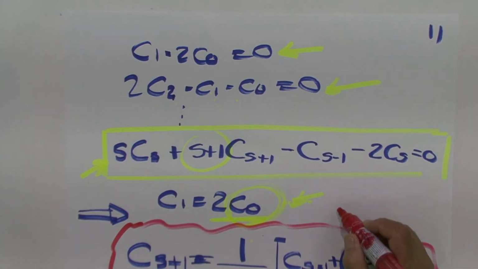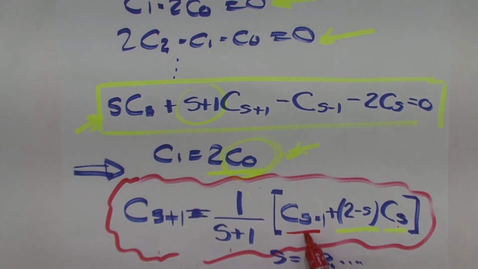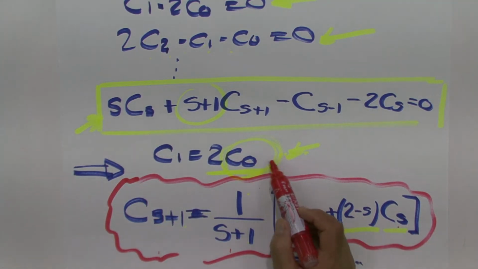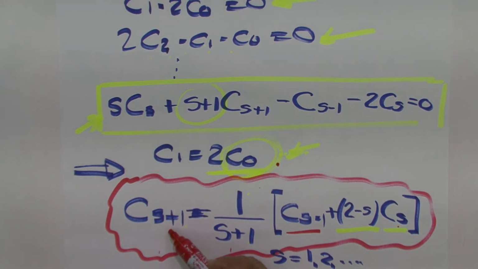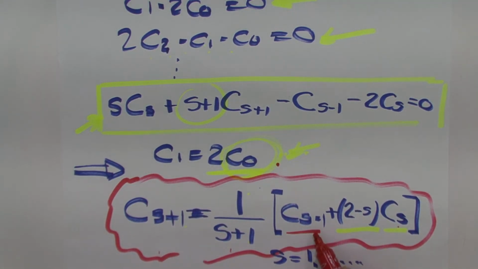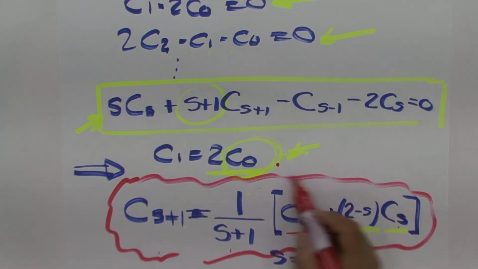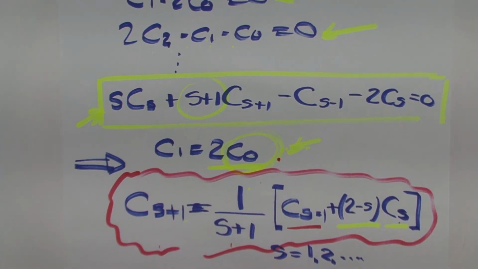So I know that C1 is equal to 2C0. So if I give you C0, I know the next term, which is C1, by this relation. If I know both, I know C2. If I know C2, now I know C0, C1, C2. And then I come here and say, okay, now I know C1, C2, I determine C3. And then now I know C3, C2, I determine C4, and so on.